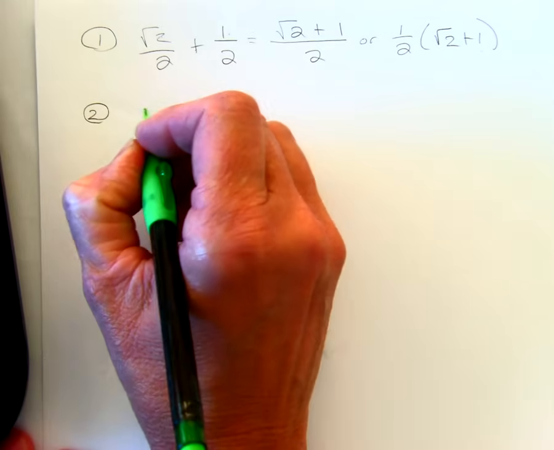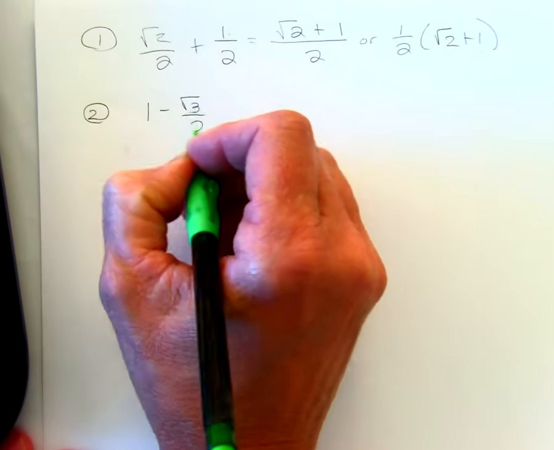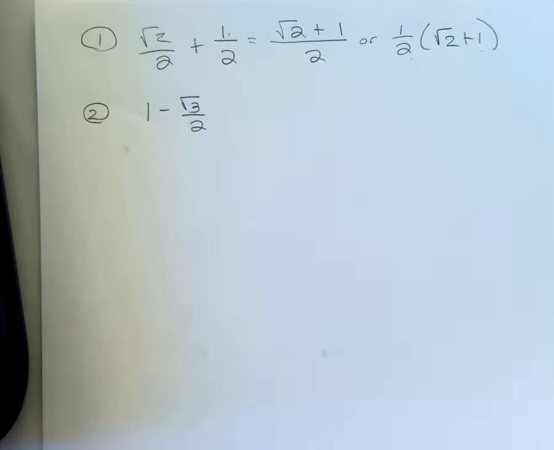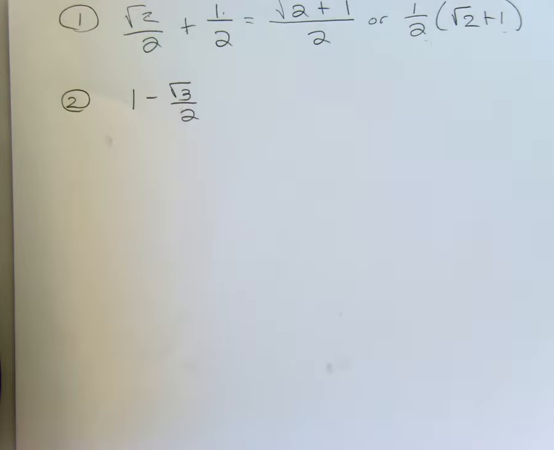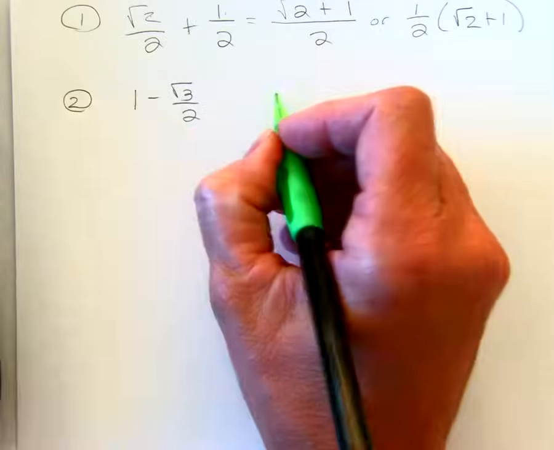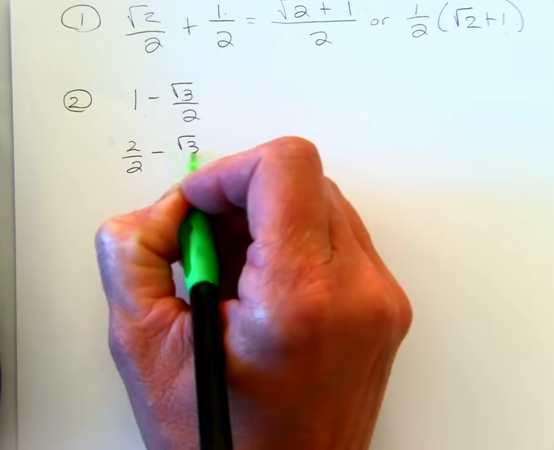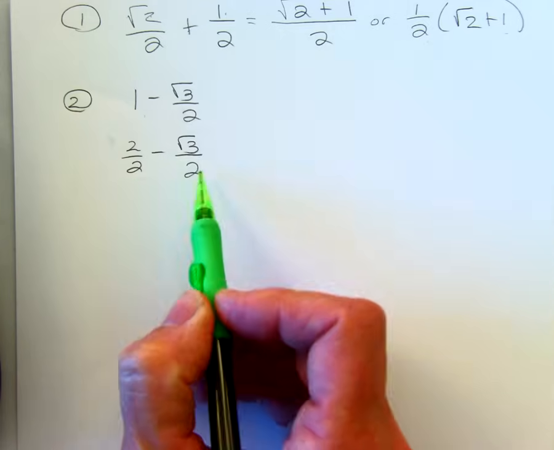Let's look at another one. Something else you might run into when you're plugging those numbers in. Remember, when you add or subtract fractions, you need a common denominator. So 1 is the same thing as 2 over 2, because that would give me the common denominator.